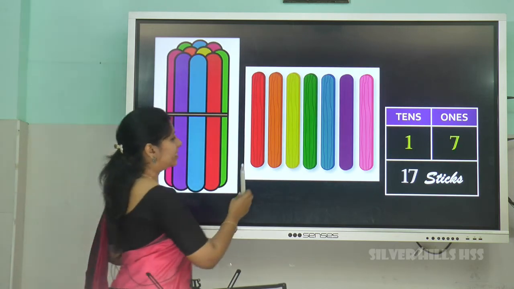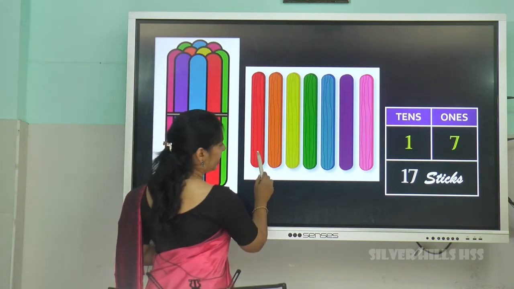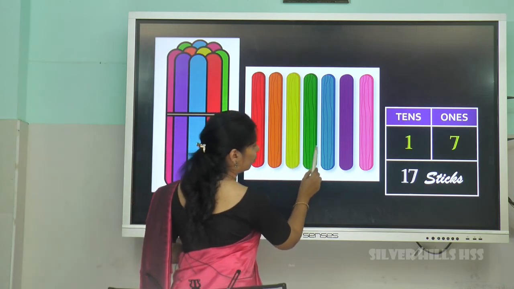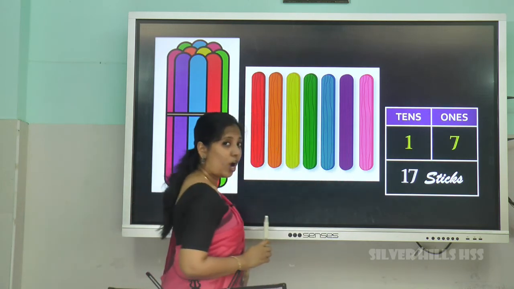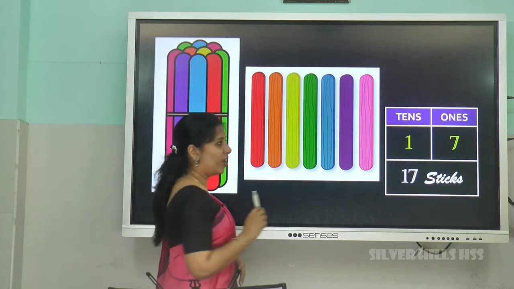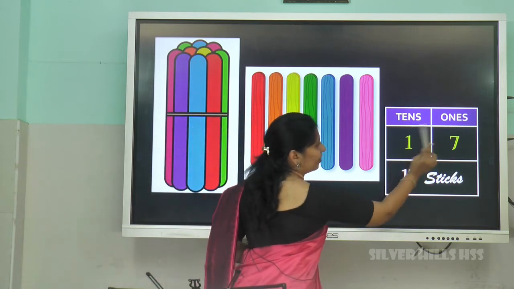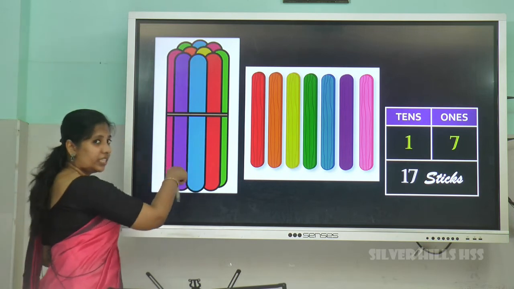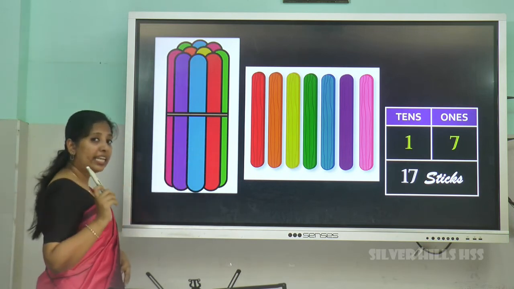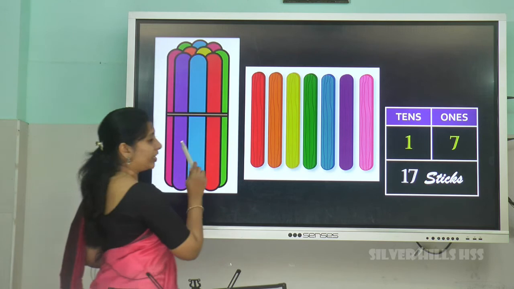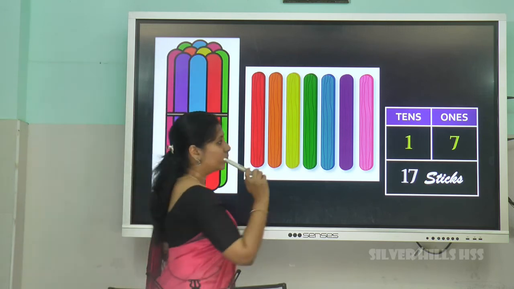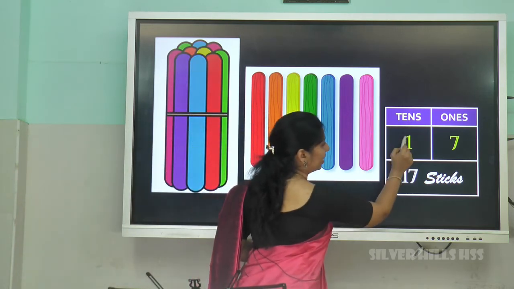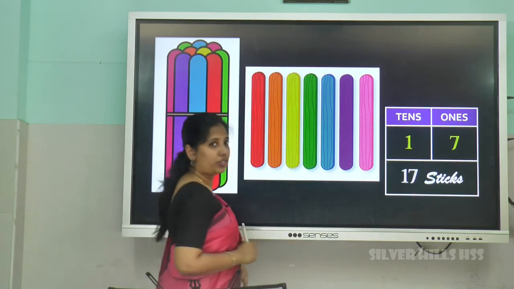Here you can see 7 sticks, right? 1, 2, 3, 4, 5, 6, 7. So how many ones? 7 ones. So we will write 7 here. Then a bundle of 10 sticks. So there is only one bundle, right? So ma'am will write 1 in tens position.